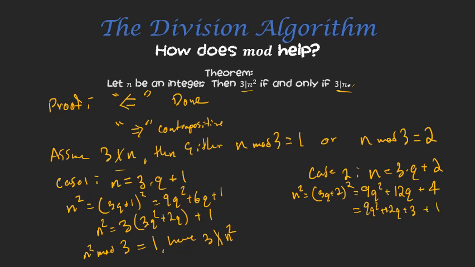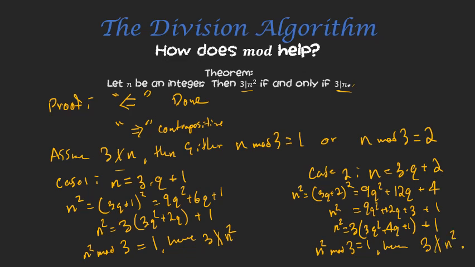And then I'll pull a 3 out of that whole thing. And so I have n squared equals 3 times (3q squared plus 4q plus 1) with a remainder of 1 again. And so n squared mod 3 is equal to 1 in this case. Hence, again, 3 does not divide n squared.